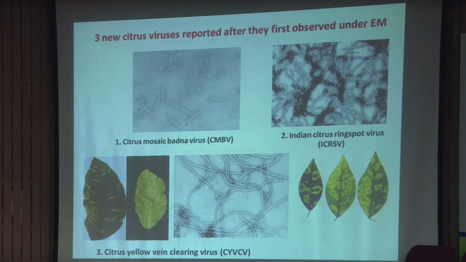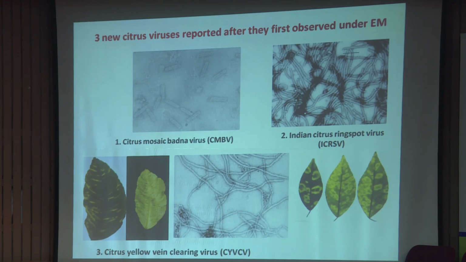So this is the Citrus mosaic badnavirus. It is a double-stranded DNA virus reported first time in India in 1996. And another virus is the Indian citrus ringspot virus. It is reported from India only. It has not been reported from any other country so far.